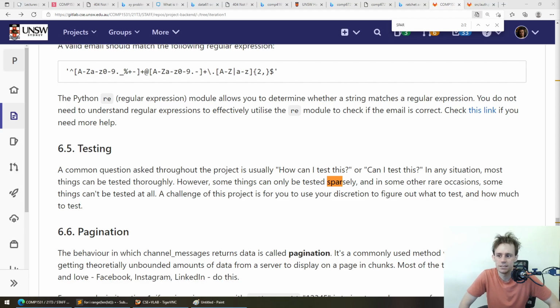I know that's a BS answer, but it's true. Some people will write it very thoroughly, some will write it just enough. You've got 12 functions, so you should be able to write at least 12 tests. Many of them will have many tests. For auth register, you've got invalid names, invalid emails, invalid passwords. There's 3 already.